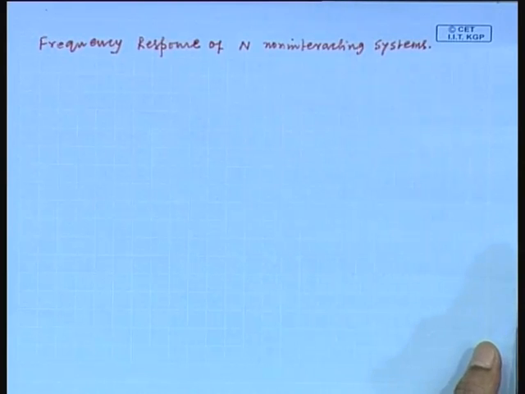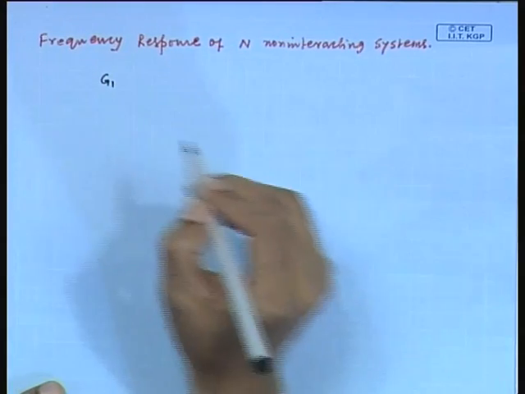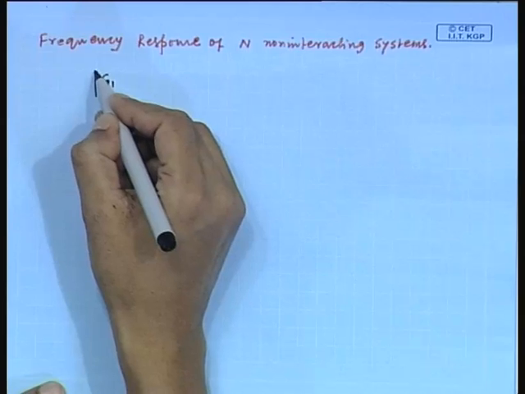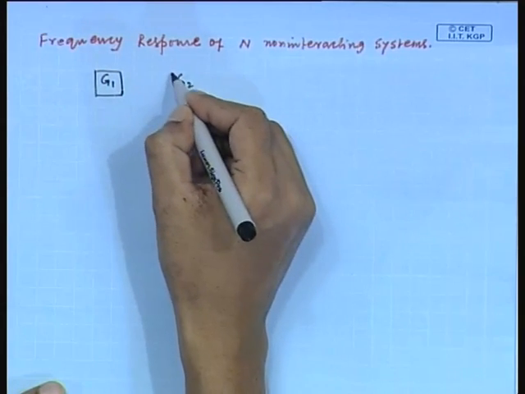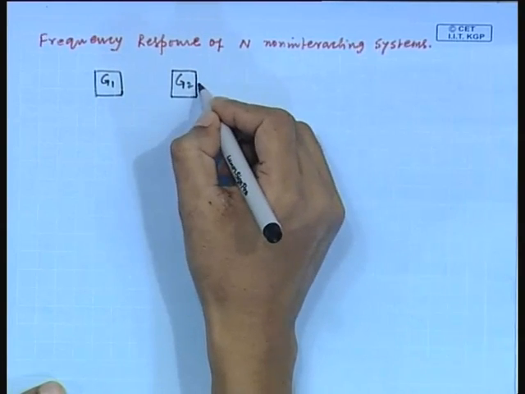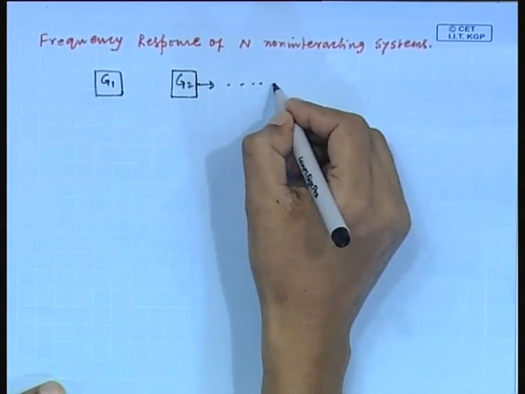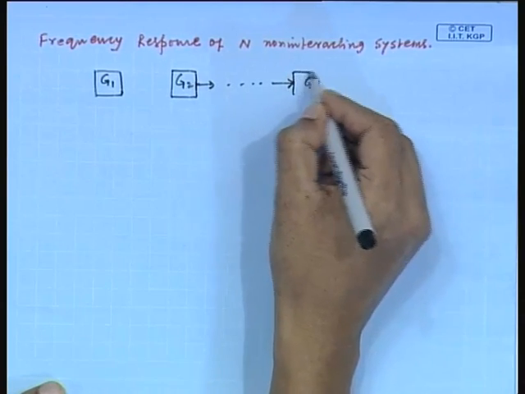Say n non-interacting systems are connected in series and the individual transfer functions are Z1, then Z2, like this. The last one is Zn.